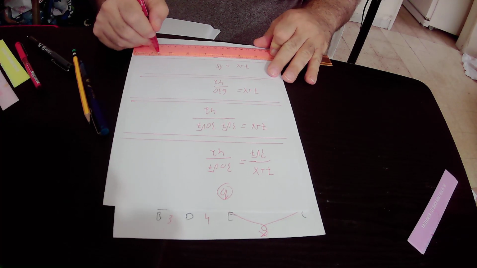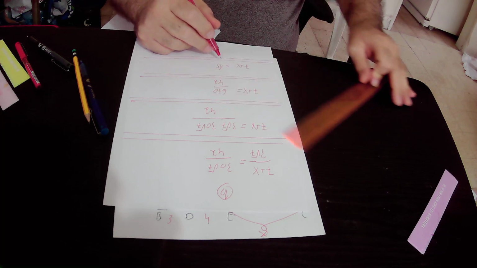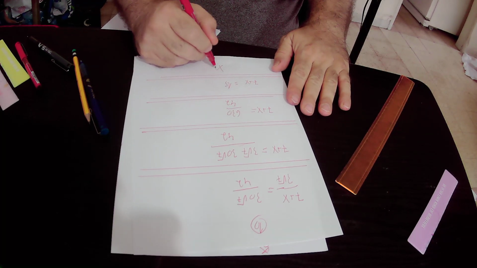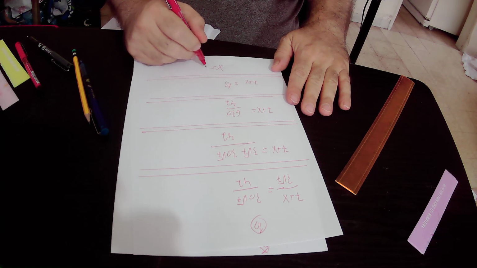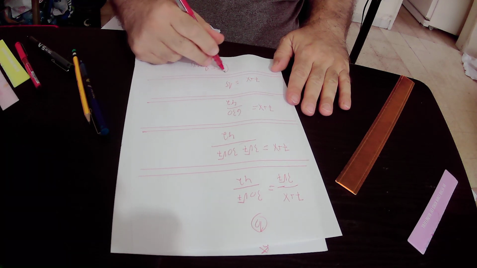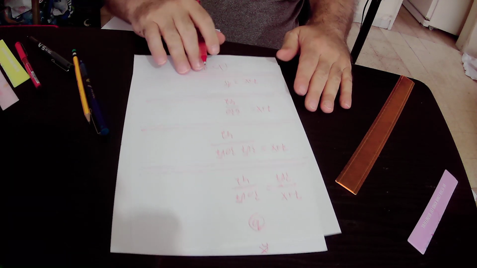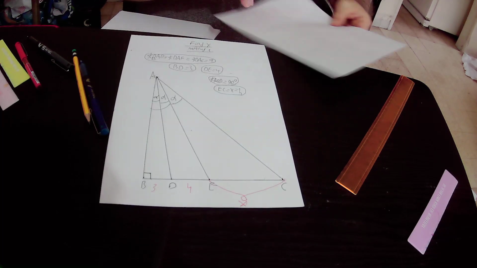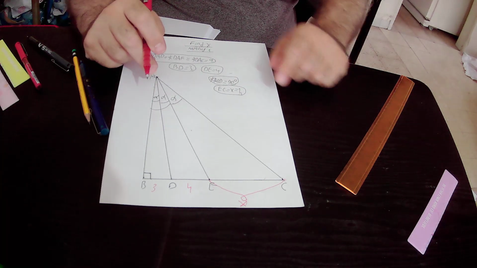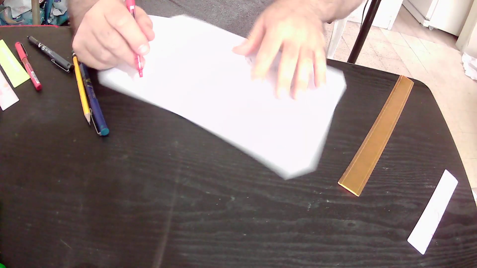Here we will subtract 7 from this equality, and we will get that x equals to 15 minus 7 is 8. So we found out that the value of x is 8 units. Here you see that x equals to 8 units.